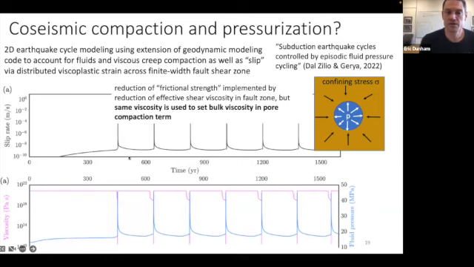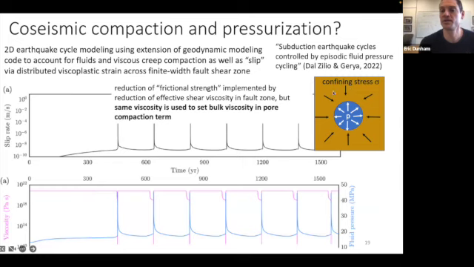As he mentioned, the way that he deals with frictional sliding is by distributing it over some finite width shear zone and then using this viscoplastic rheology. So the thinking is that it's this brown matrix material that's shearing and accommodating slip, integrated across that zone.